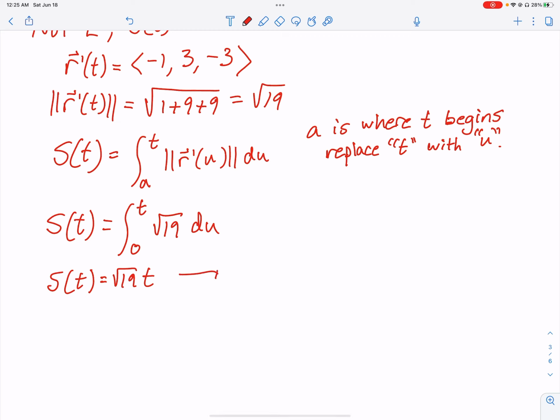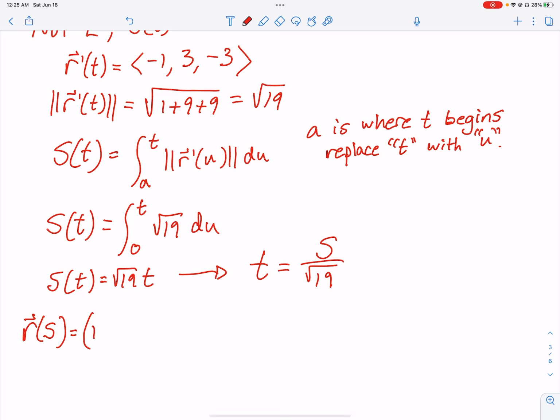Now I'm going to call that s of t just an s, and I'm going to solve for t. So what we have done is we have found a formula that changes all our t's to s, changes time to arc length. So what this function would look like now is r of s, and I just go through and change the function with that for t instead.